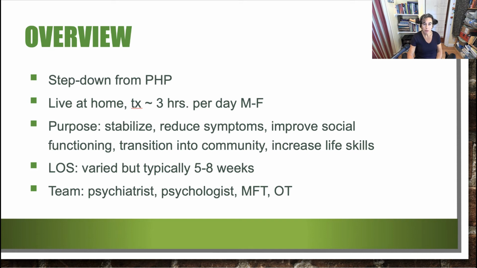The purpose of this setting is to, again, stabilize, reduce symptoms, improve social functioning, but notice that there's also the added aspect of transitioning back into the community and increasing life skills. Typically, a 5 to 8 week program, so it's longer than the PHP, and again, same folks on the treatment team. This is indicated when someone is a little bit more stable, but they still need some intensive care. And it's a step down.